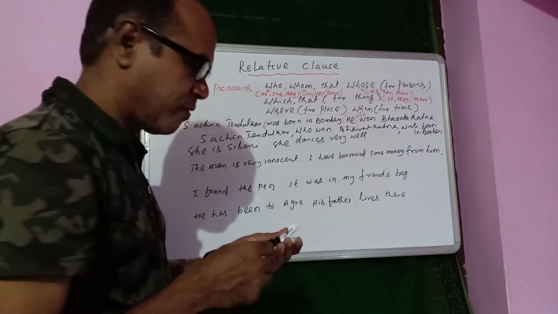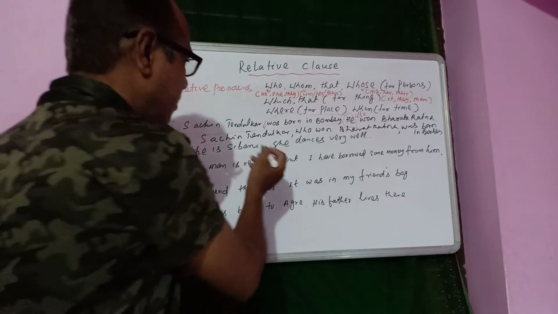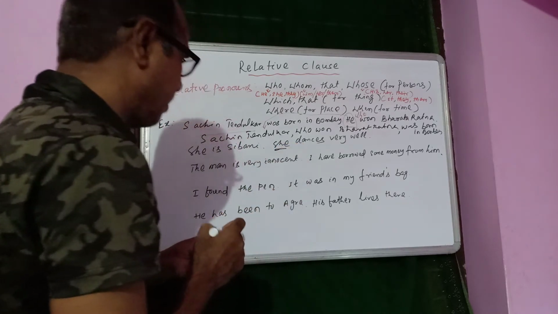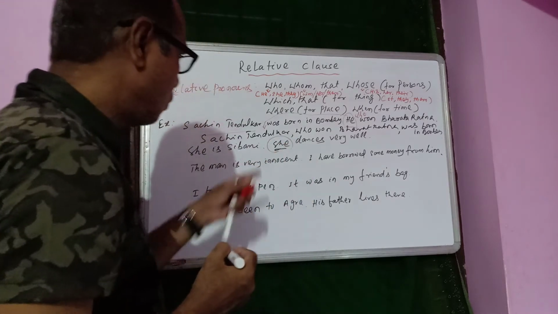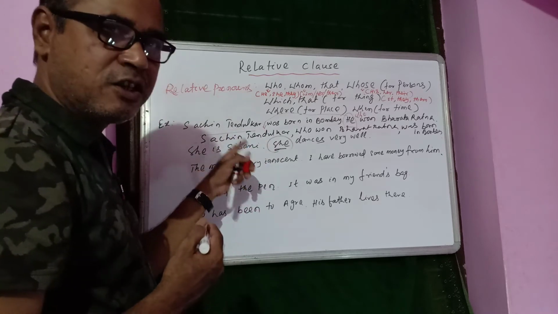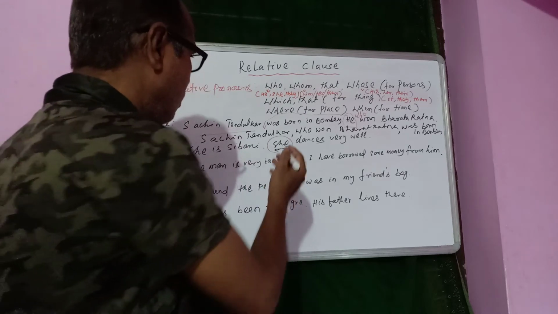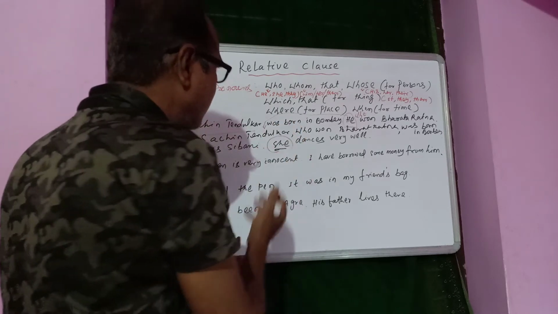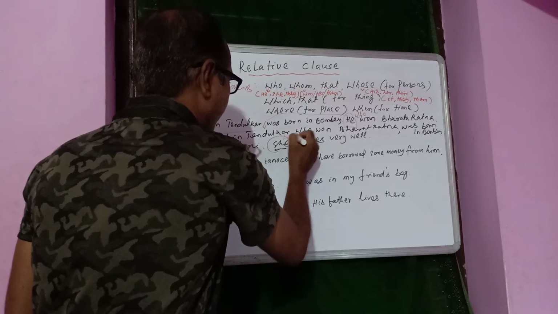Now come to "She is Shivani. She dances very well." Here Shivani is a noun, and she is the pronoun used for Shivani. Here, in the place of she, we can write who.